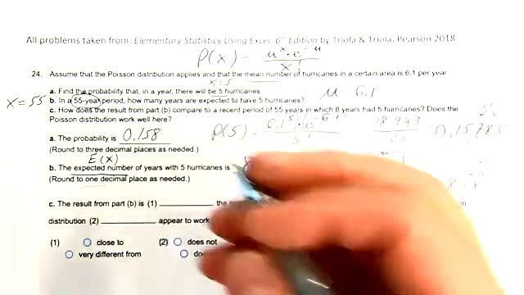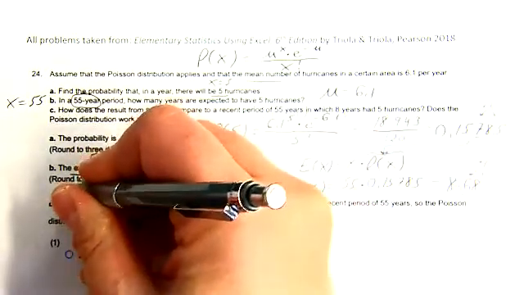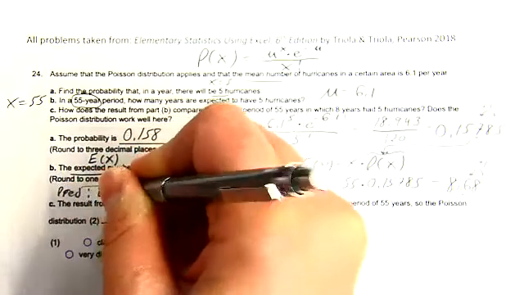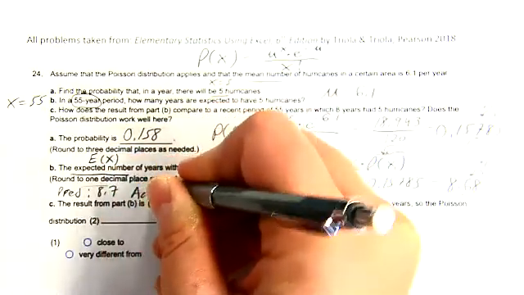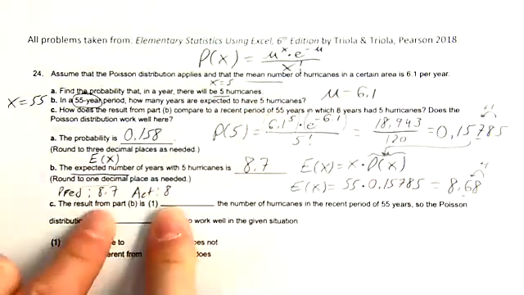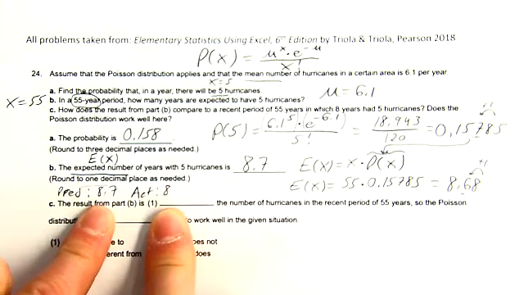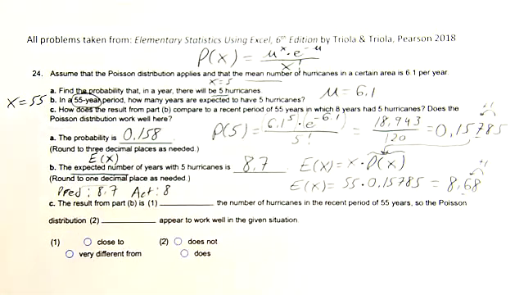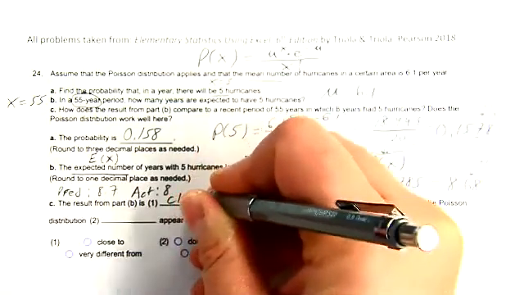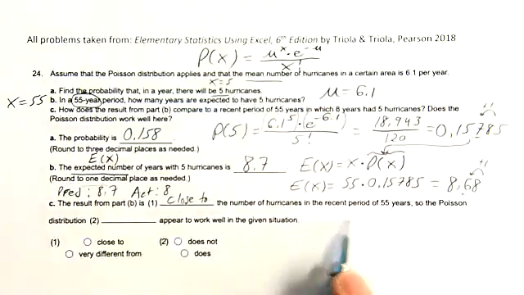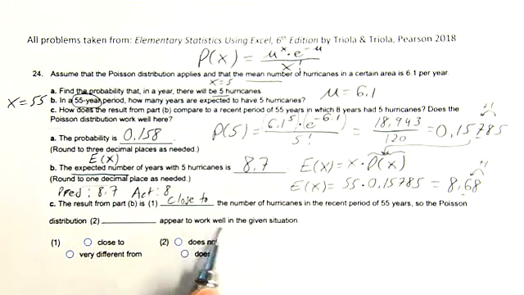So the prediction was 8.7, the actual was 8, and they're asking how close was our model to the actual? I would say that's pretty good. We're pretty close to what actually happened. So the result from part B is close to the number of hurricanes in the recent period of 55 years, so the Poisson distribution does appear to work well.